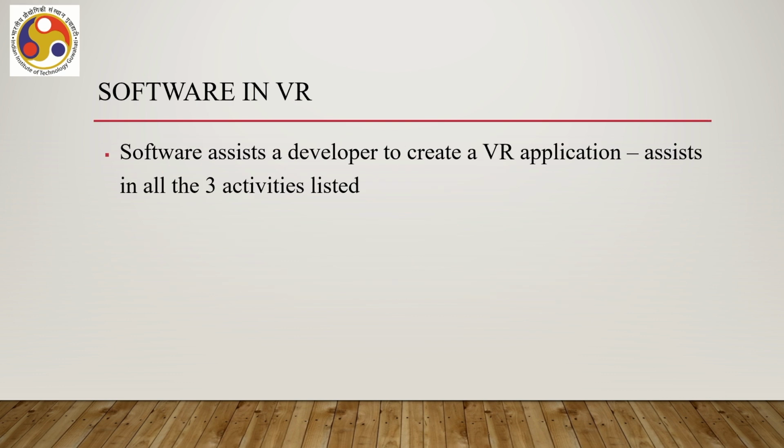So, when we talk of VR software, the software should allow the developer, here the user is not the end user, rather the developer, to create a VR application. In other words, the developer should be able to get assistance in all the 3 activities that are listed.